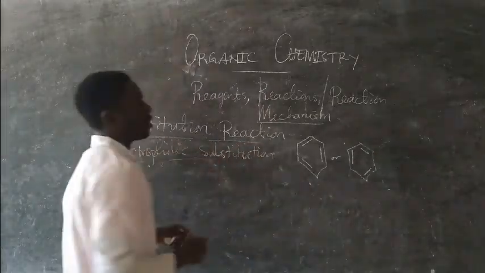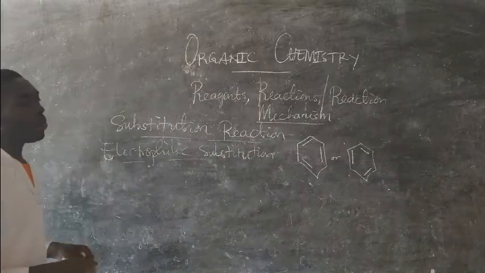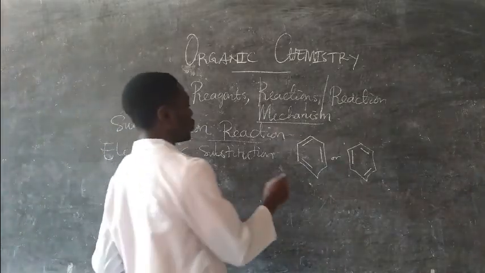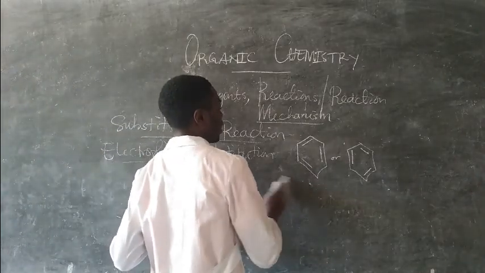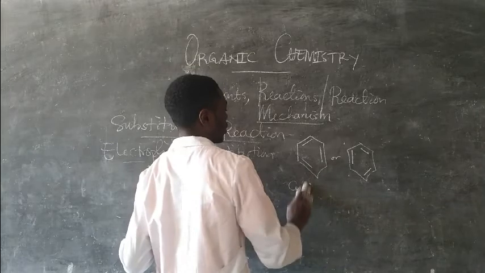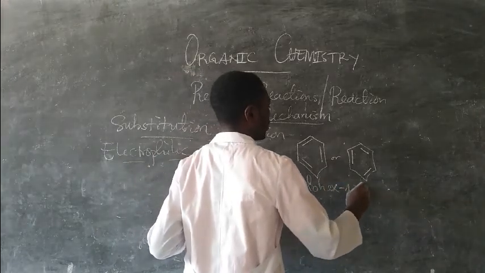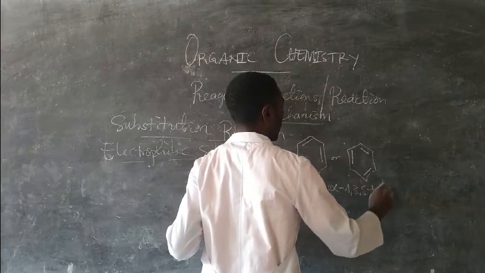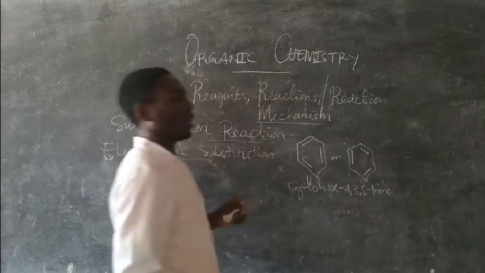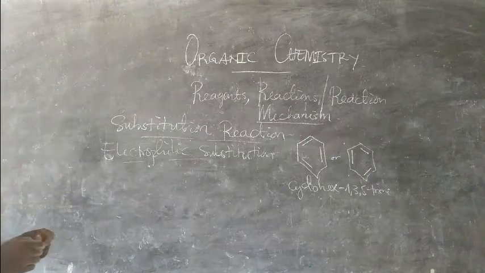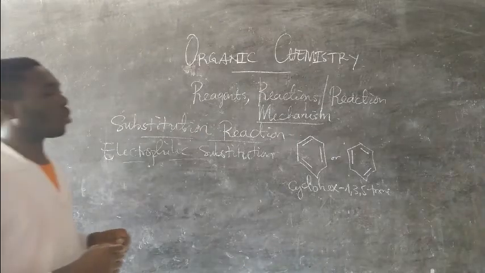But in a real sense, if you name the compound, it's going to give you cyclohexa-1,3,5-triene. That is the name of that compound.